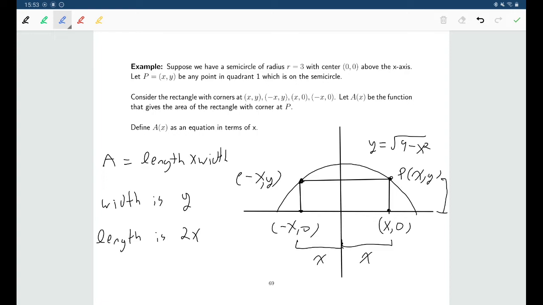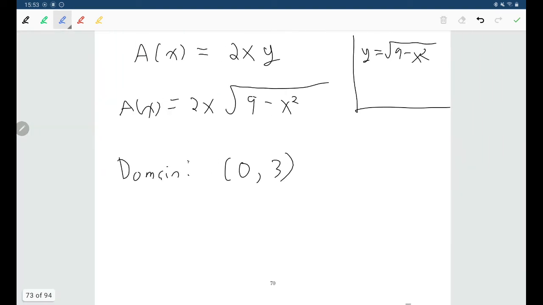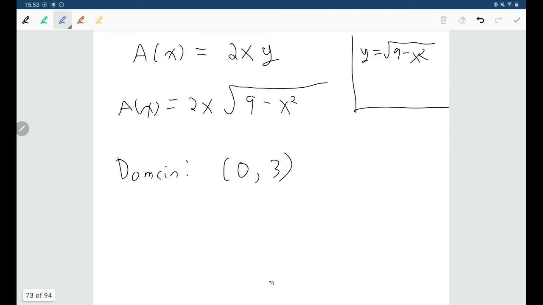If you chose the x value of 0, then you don't really have a rectangle, you just have a vertical line. And if you chose an x value of 3, again, you don't really have a rectangle anymore, you only have a horizontal line. And neither of those have any area. So for this function, I would say that my domain would be the interval from 0 to 3.